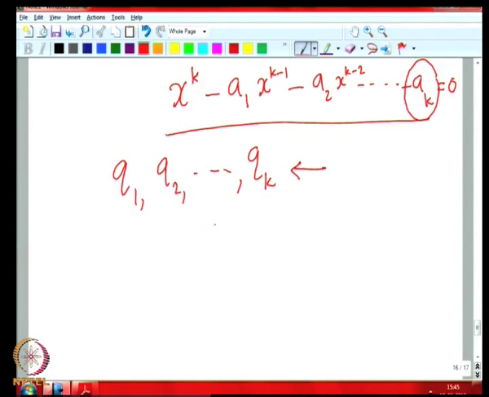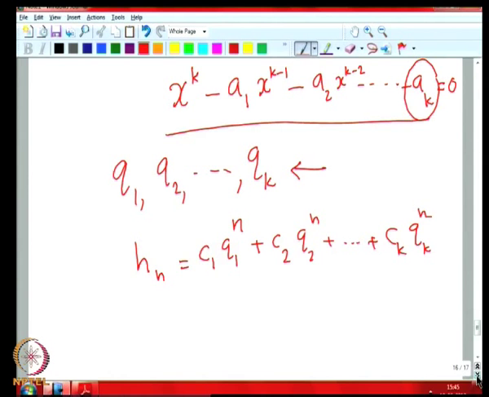We noted that the recurrence relation should be satisfied by a solution of this sort, C1 into q1 raised to n plus C2 into q2 raised to n plus Ck into qk raised to n.